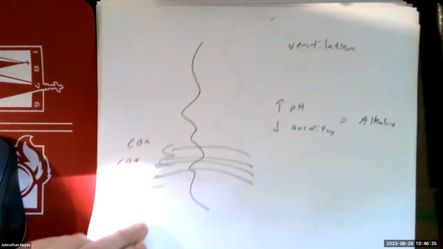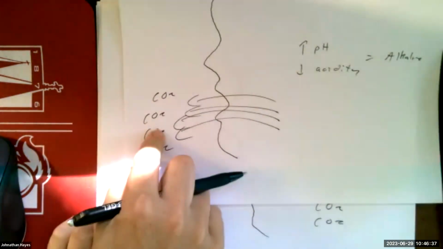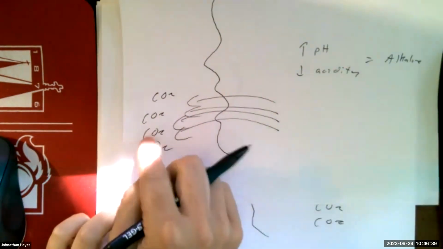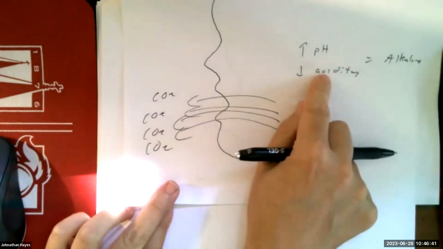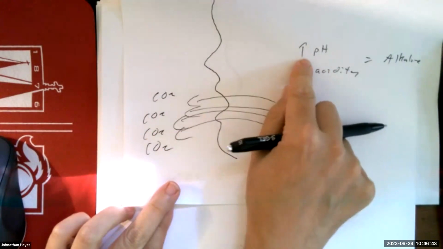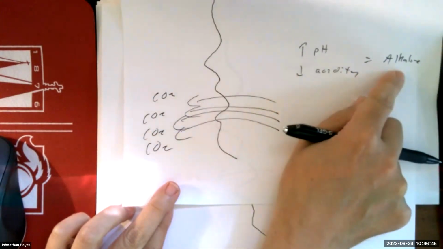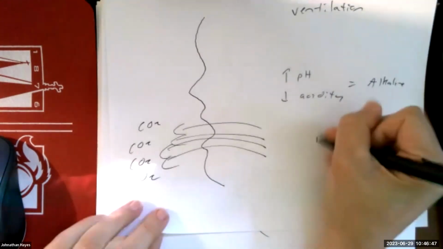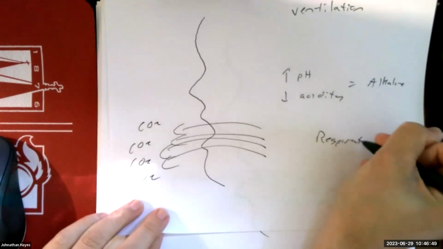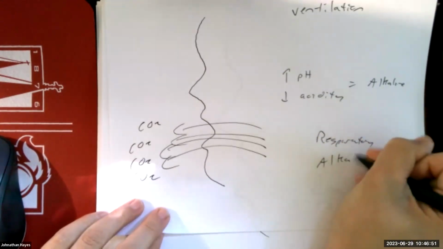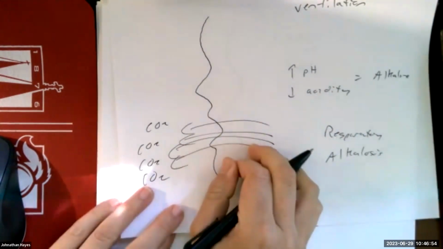If I'm breathing out CO2 too fast, then I'm losing acid too quickly. So I'm decreasing my acidity, which is the same as increasing the pH, making the body more alkaline. So that could explain respiratory alkalosis, if I breathe too fast.